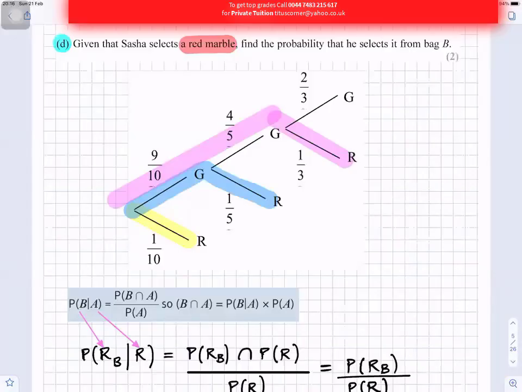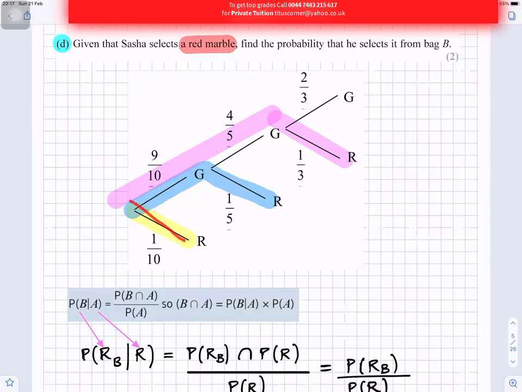Part D, given that Sasha selects a red marble, find the probability that he selects it from bag B. We use conditional probability: the probability of A given B is the probability of B intersection A over the probability of A. So you want to select a red from bag B, so from the red marble back.